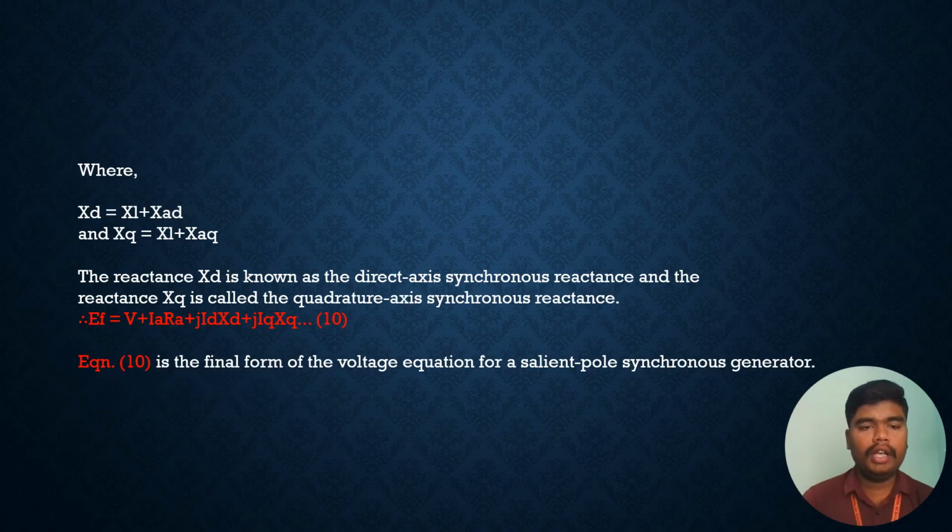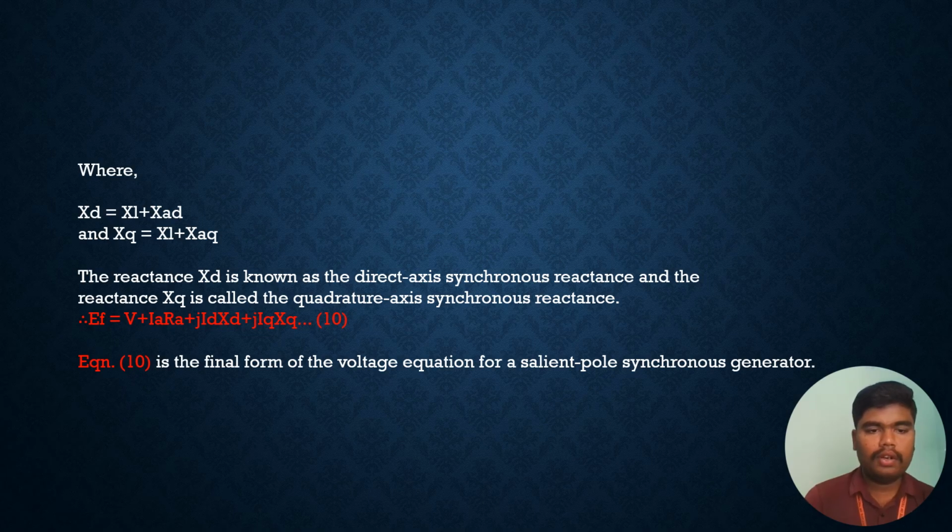Coming to the final equation, XD is equal to XL plus XAD and XQ is equal to XL plus XAQ. The reactance XD is known as the direct axis synchronous reactance, and the reactance XQ is called the quadrature axis synchronous reactance.